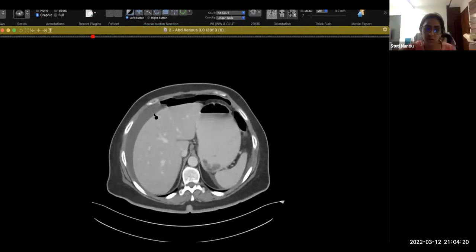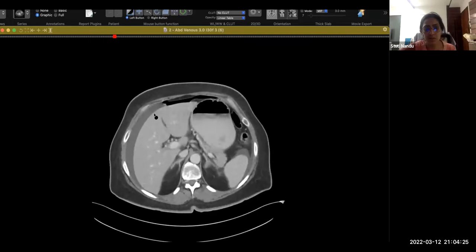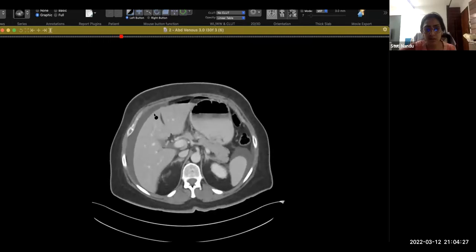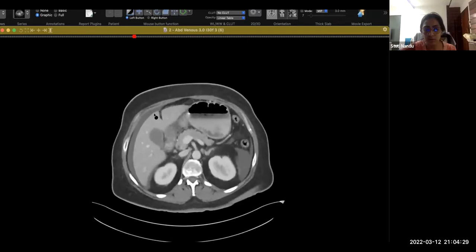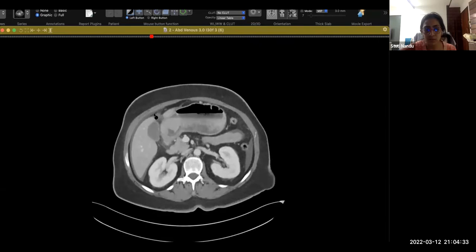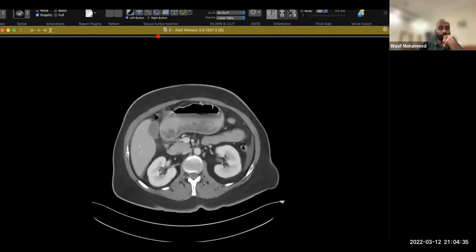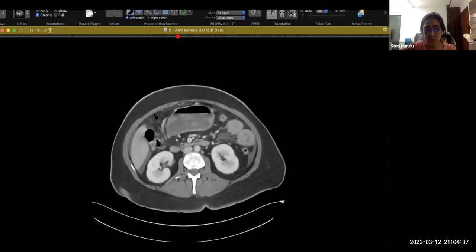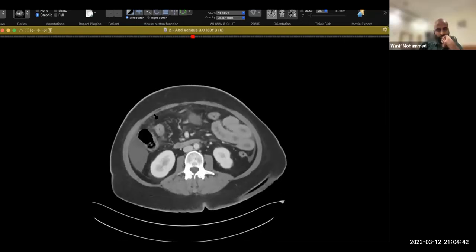So I can see that there is free intraperitoneal air as well as free fluid seen in the anterior abdomen on the current images. And I'm just scrolling down to have a look at the complete scan before I can comment.